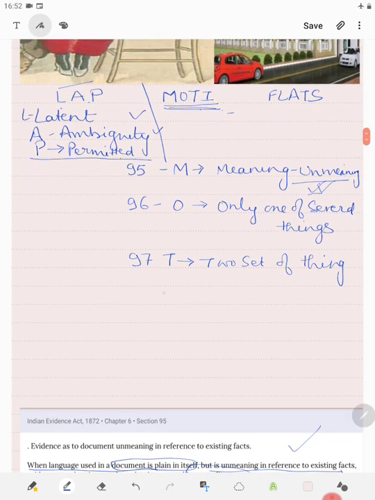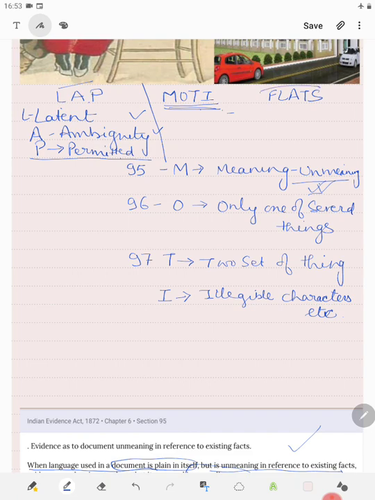And then I stands for where there are illegible words or illegible characters. So where a word has been used which is not in the general sense, then evidence can be given as to what is meant by it.